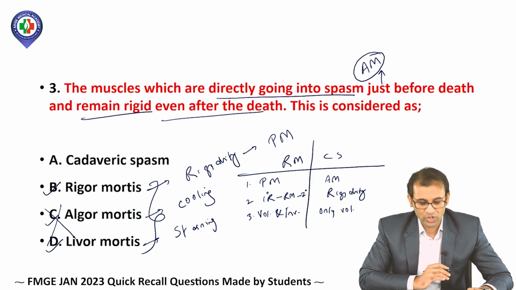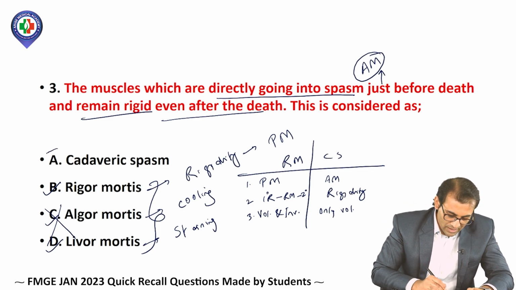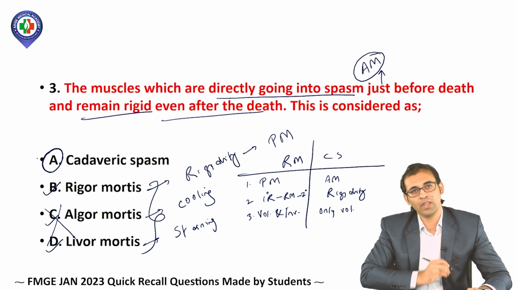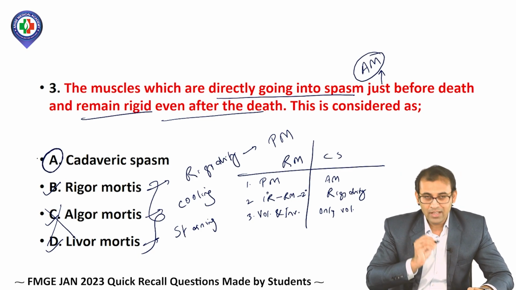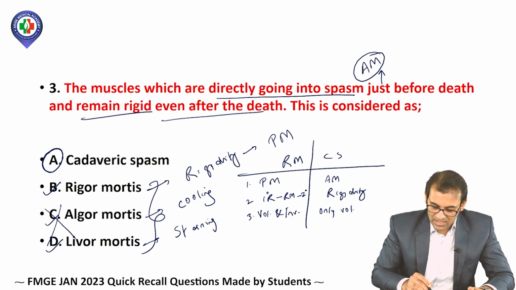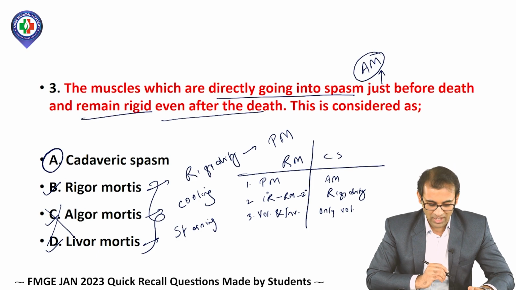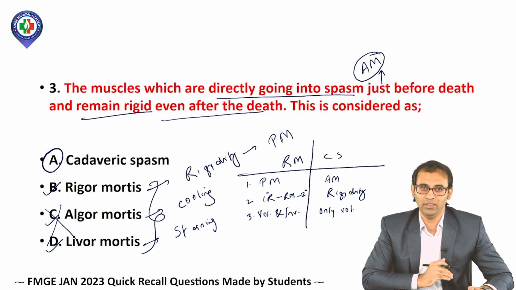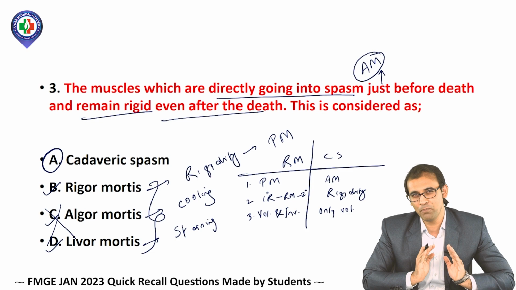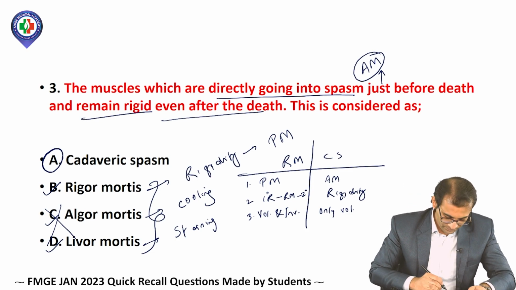As per the question, the answer will be cadaveric spasm, because see the question again: muscles which directly go into spasm just before death, antemortem in nature, and remain rigid even after death. Fine. I hope all the points are clear to all of you.